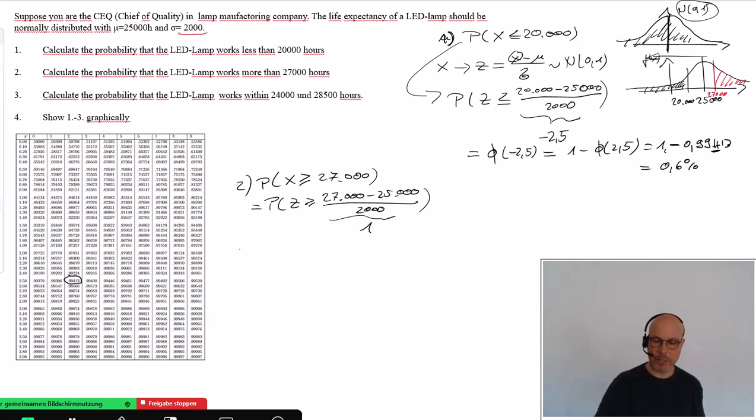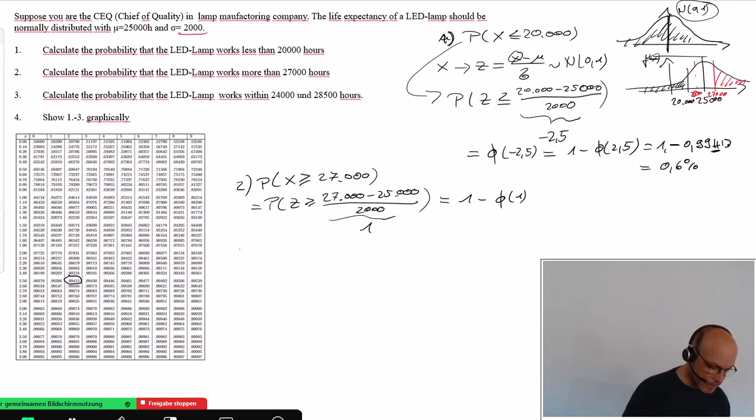This is just 1. That this, so to speak, is the same if we would move here to 23,000, and therefore this equals 1 minus phi of 1.